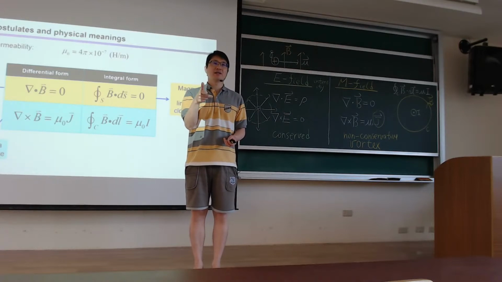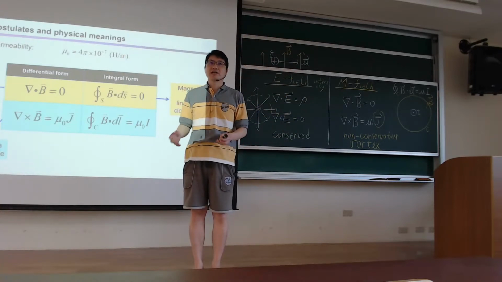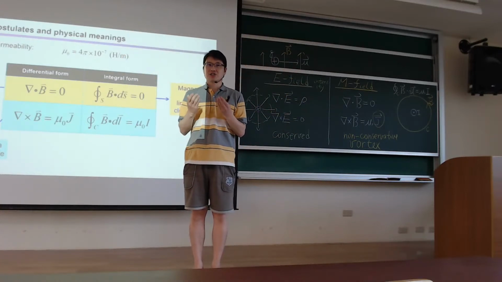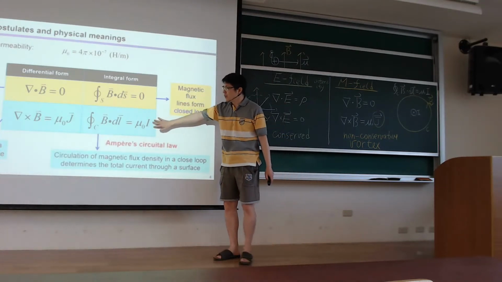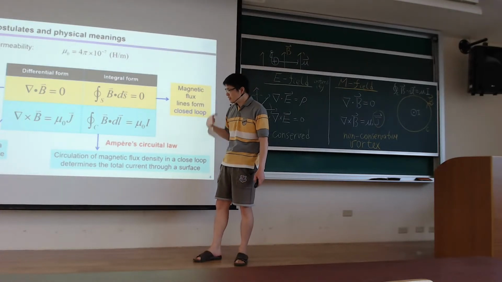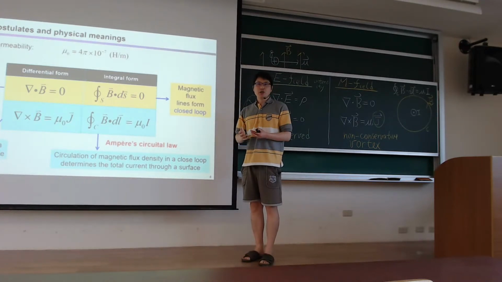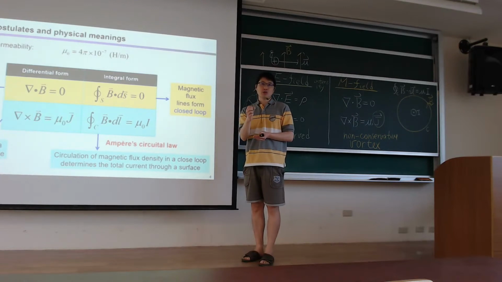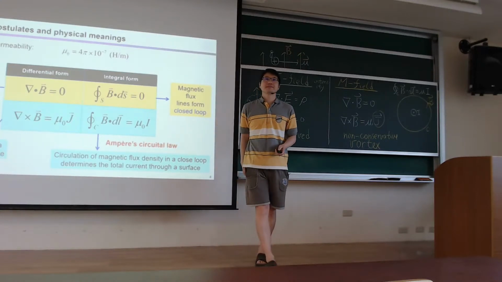They are themselves non-conserved, and therefore that non-conserved source could generate a non-conserved field. All right? So this is known as Ampere's circuital law. The circulation of magnetic flux density can be used to determine how much current is encompassed in that closed loop. That is called Ampere's circuital law.